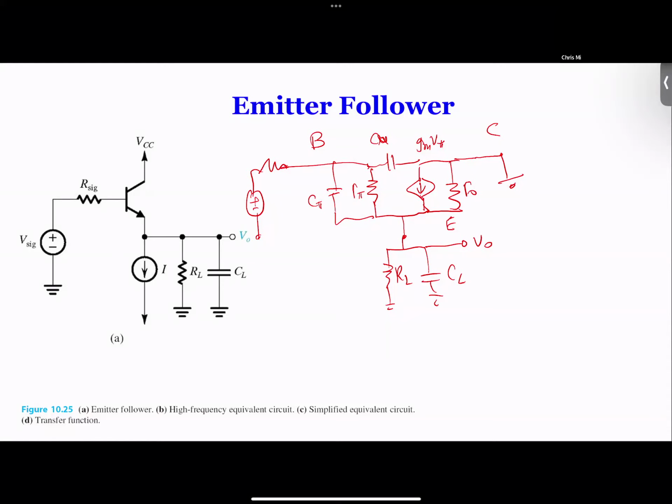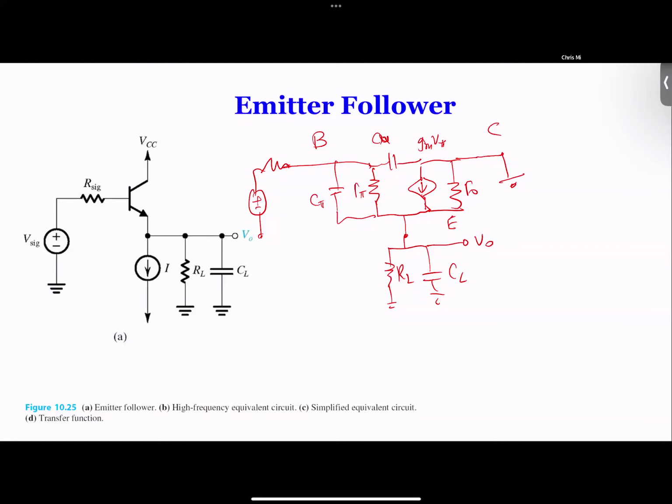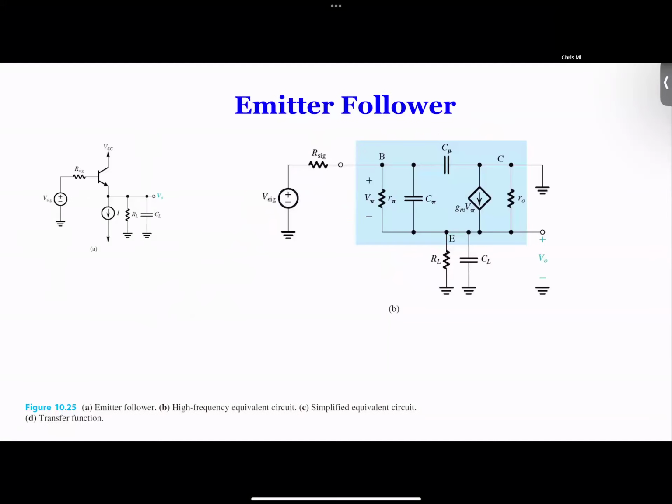So we simplify that one, and then, because C mu is connected to ground, we can further simplify that. So this is the original equivalent circuit, right? We're going to convert this R pi, move this RL to here, and move C mu to ground. It is the ground, so we're going to move that to ground.